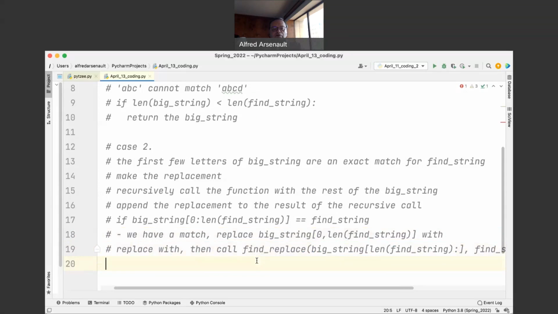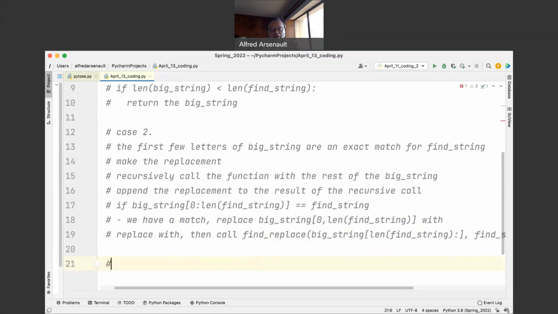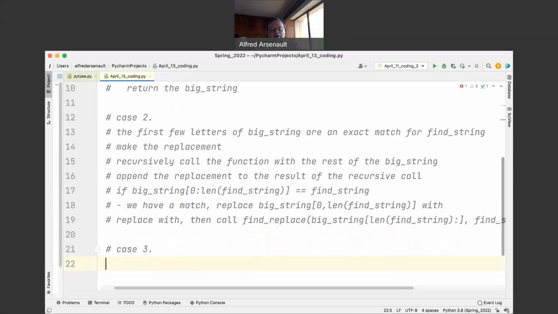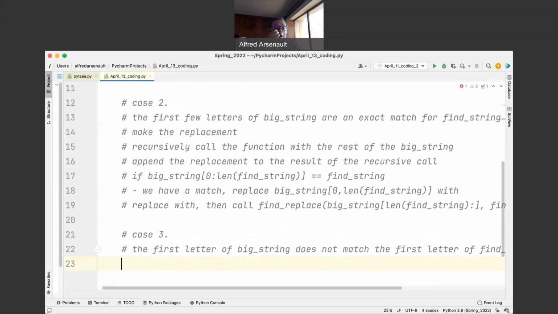So that's the first two cases. Now the other thing is case 3. Case 3 is simply that the first letter of big string does not match the first letter of find string. Obviously, then there's no replacement to be made.